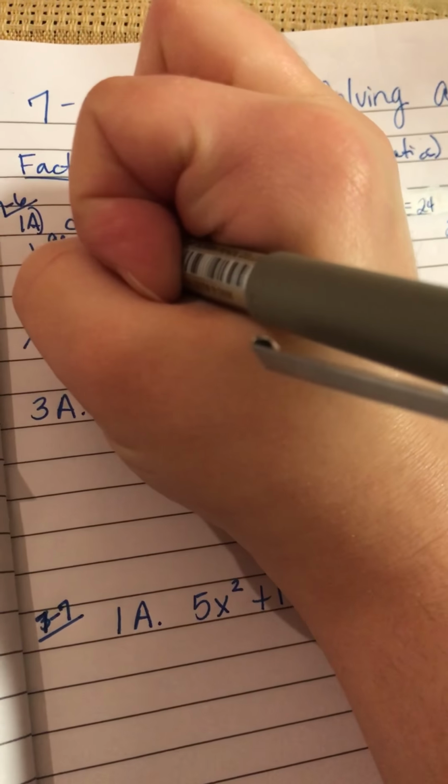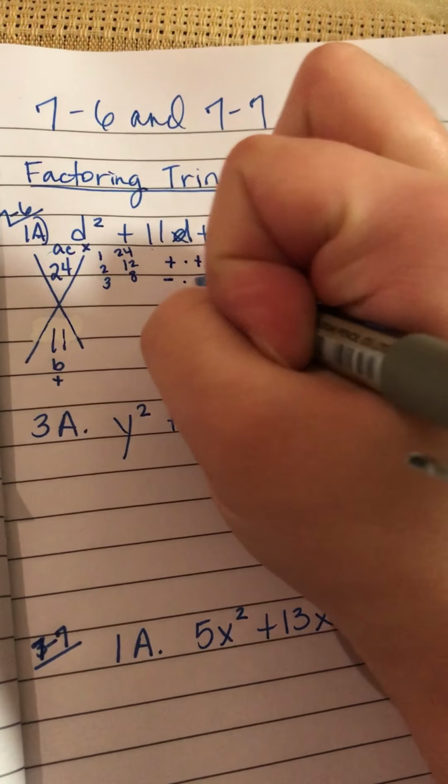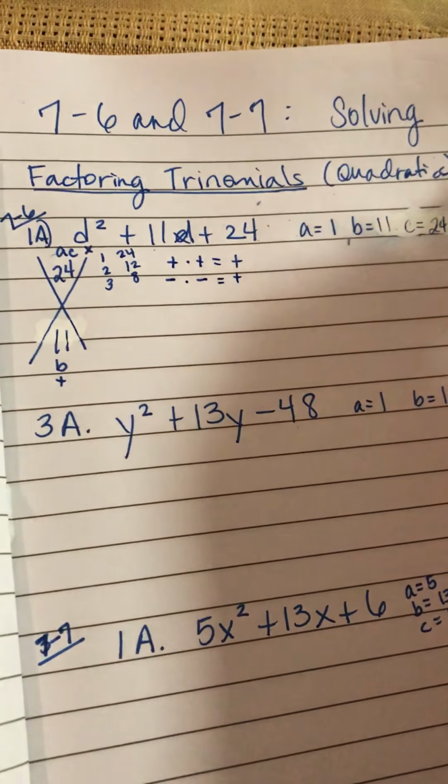And you're wanting 2 numbers that multiply to give you that 24 and add to give you that 11. So if you wanted to list all of the factors of 24, you could do 1 and 24, 2 and 12, 3 and 8. And then also because your multiplication is positive, we know that a positive multiplied by a positive equals positive, and a negative multiplied by a negative equals a positive.